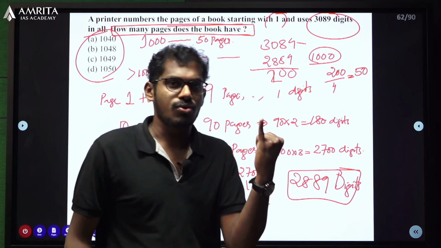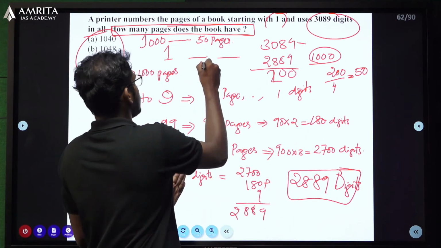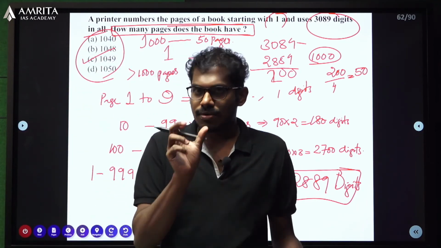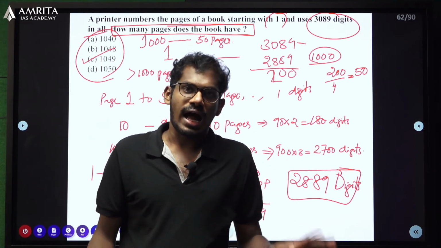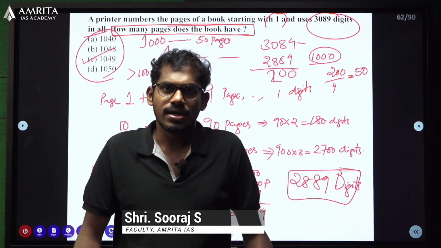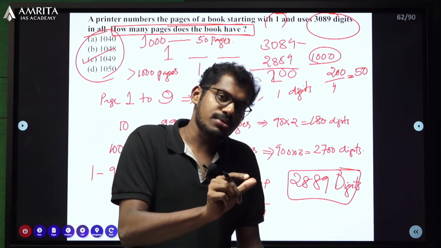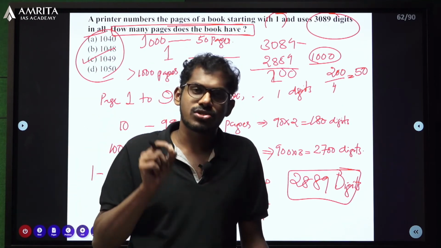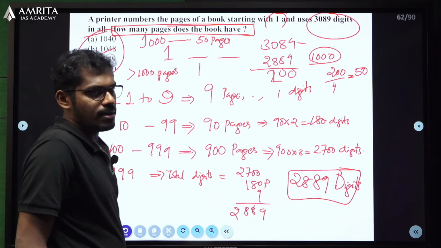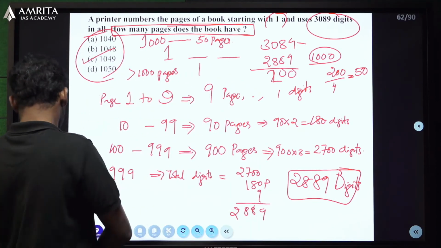Counting from 1000 till the 50th page, there are 1049 pages. Starting from 1000, the last page will be 1049. So total there are 1049 pages. Clear? Okay. Next question.